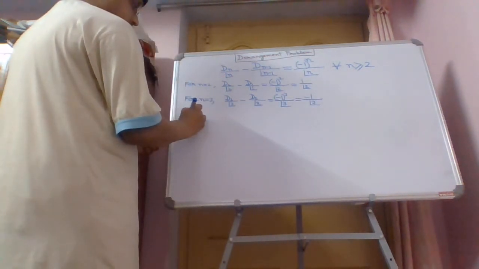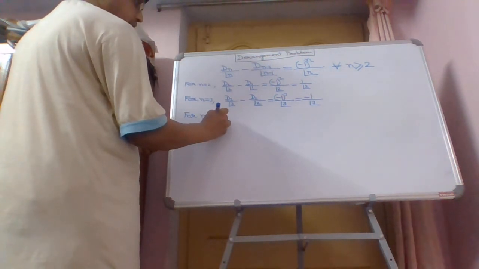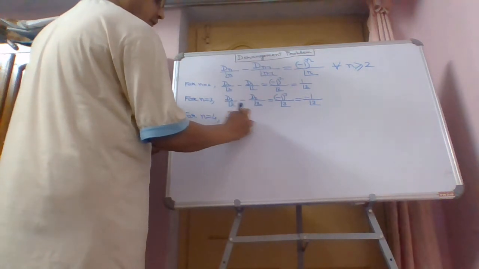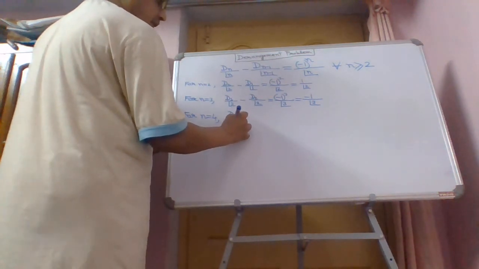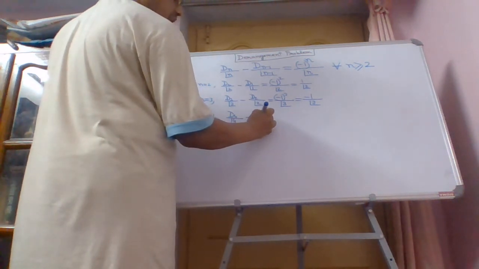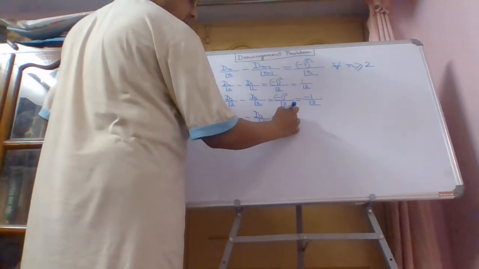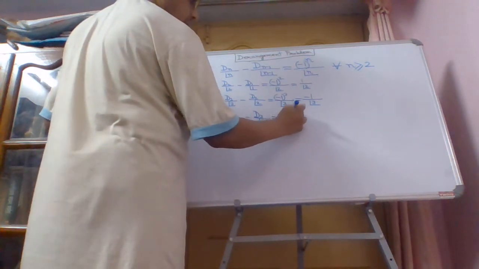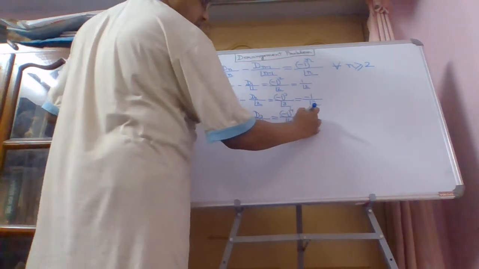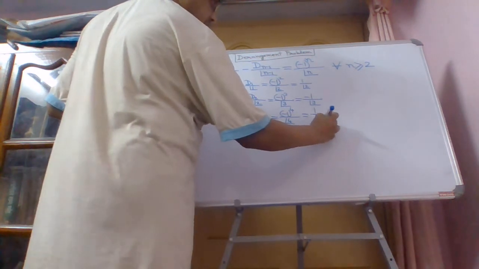For n is equal to 4, we must have d4 by 4 factorial minus d3 by 3 factorial, and that must be equal to minus 1 to the power 4 divided by 4 factorial, which must be equal to 1 by 4 factorial.